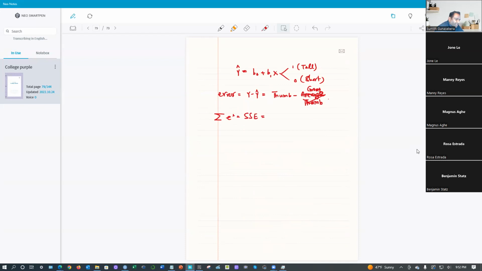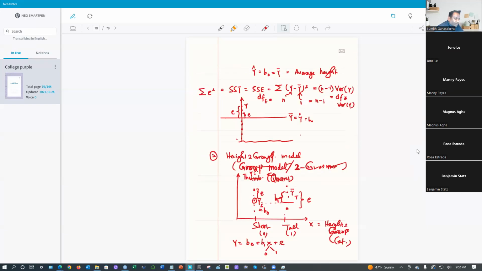On the other hand, the standard deviation of y is nothing but the root mean squared total, just like root mean squared error.